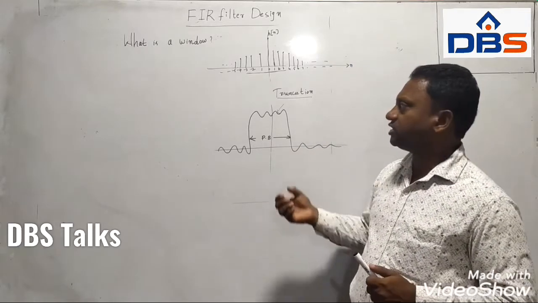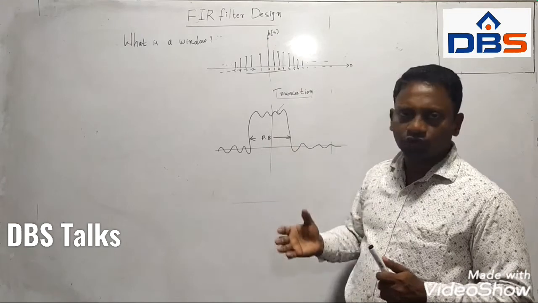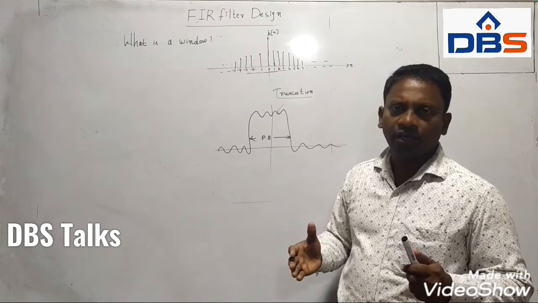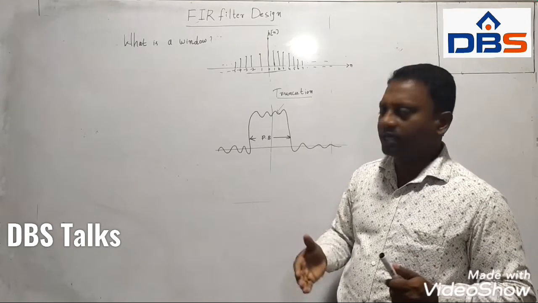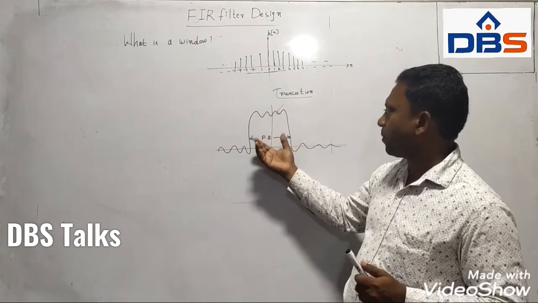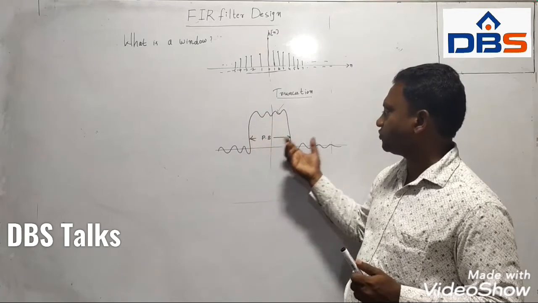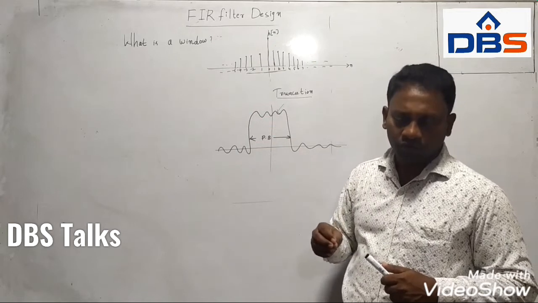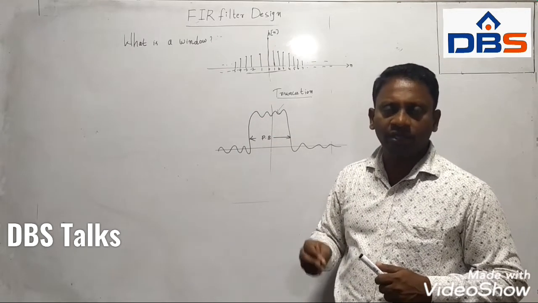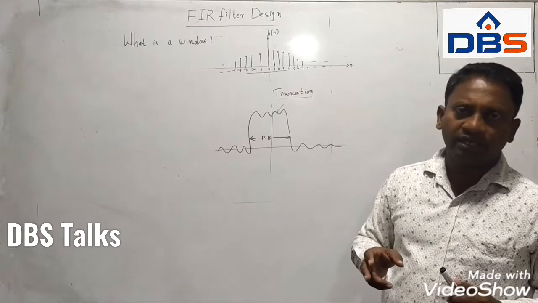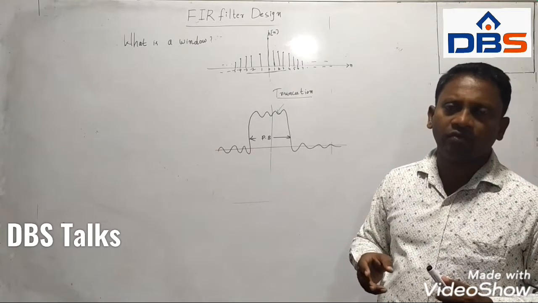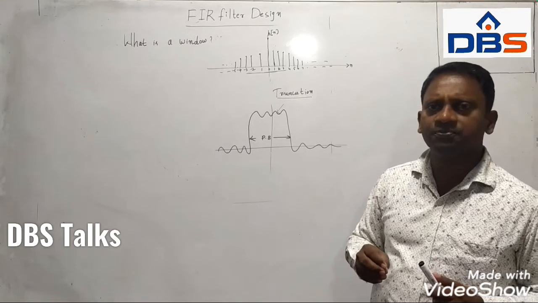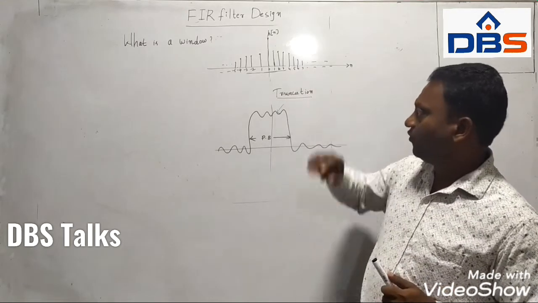A window is nothing but a weighing function used to truncate the infinite impulse response smoothly, to get a smooth magnitude in the pass band as well as in the stop band. That is the purpose of a window. That is the window technique.